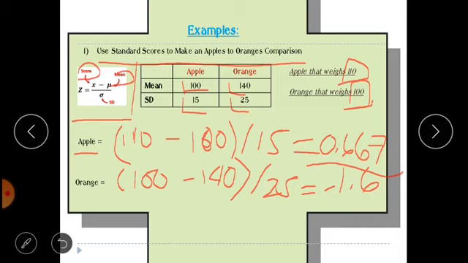Okay, so hindi siya yung tinatawag na extreme value by any means, but it is above the average for yung apple. So, sa kabila naman, yung orange, kung saan meron siyang z-score na negative 1.6. So, mas mababa, kasi negative siya, mas mababa yung mean weight niya, yung orange.